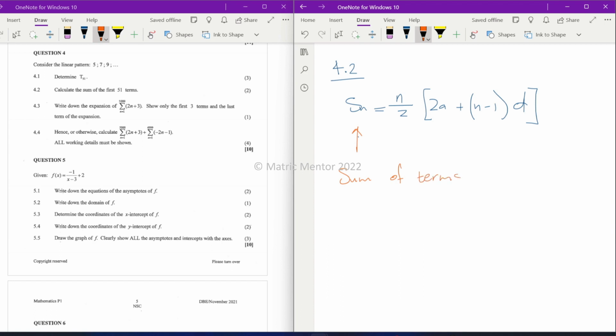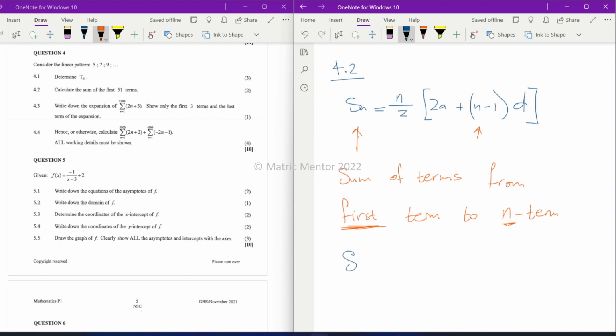You're adding up all the terms from the first term, this is important, to the nth term, whatever we substitute in for n here. So we are adding up all the terms from n equals 1 all the way up to n equals whatever number we choose. So we want to find the sum of the first 51 terms.